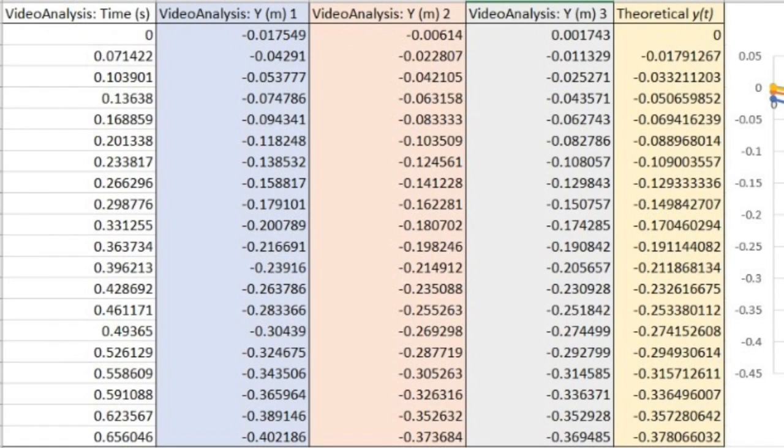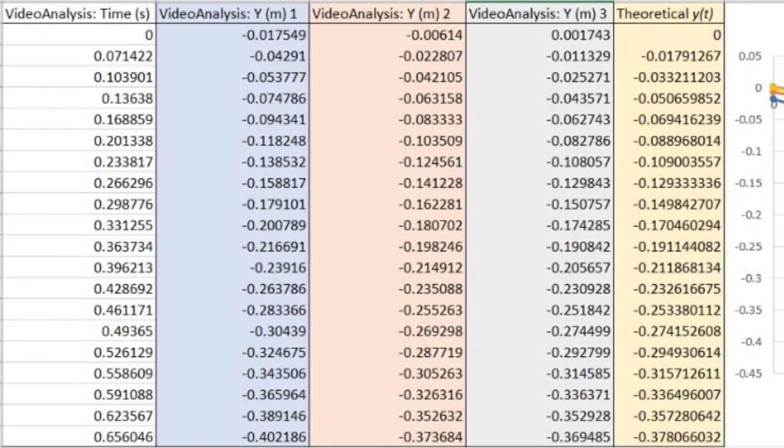As you can see in this table, the blue, the orange, and the gray are data from the video that's automatically given by the app, and on the far left column you can see the times we used. Those times are the ones we substituted for t in the equation the teacher gave us, so we could obtain the yellow column, which is our theoretical position given time.